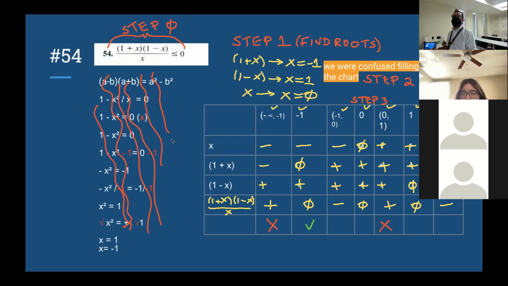The third one, right here. Yes. Because it says that it's less than or equal to 0, we're looking for the negative ones. Anything that's negative is going to be a part of the solution, right? So this one is.